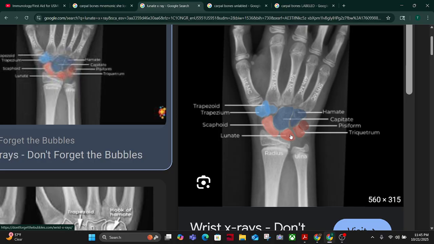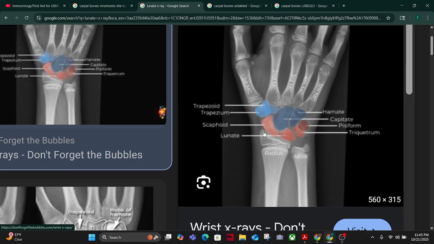She looks too pretty. Try to catch her. Okay, so this is scaphoid, then you have the lunate, the triquetrum, the pisiform. Try to catch her. Then you have trapezium, then trapezoid, then you have capitate, then you have hamate.